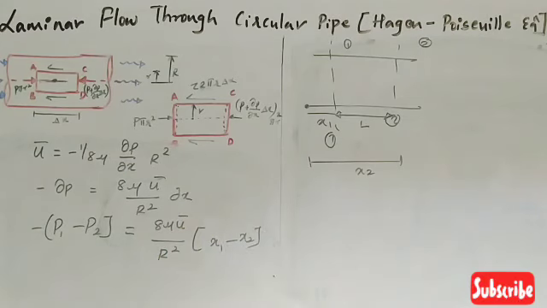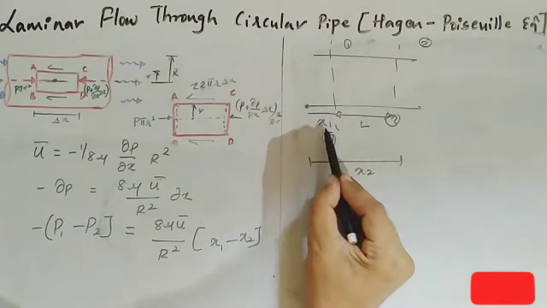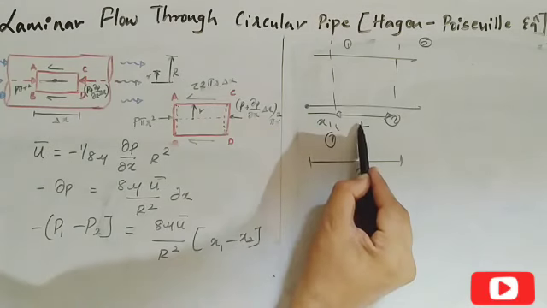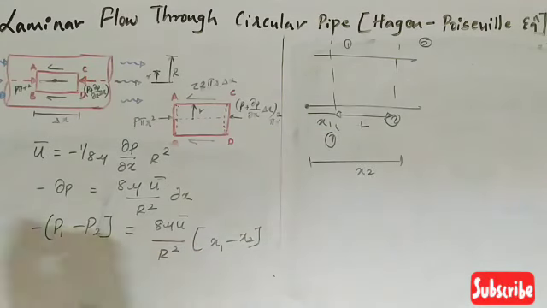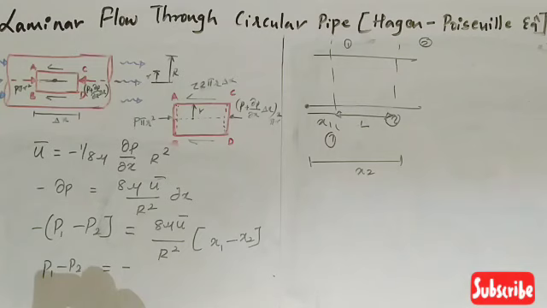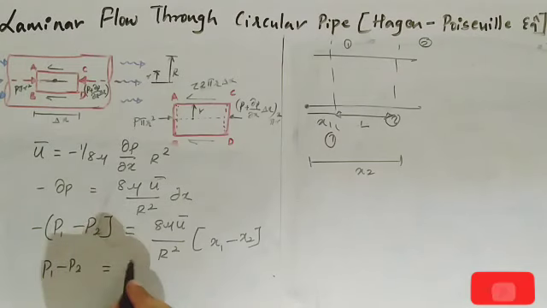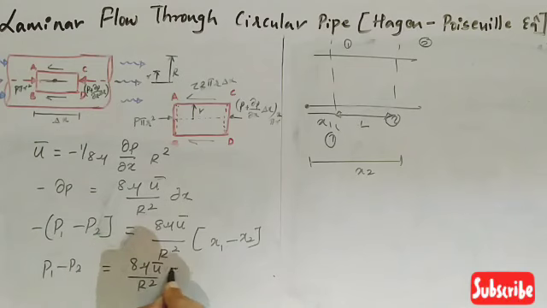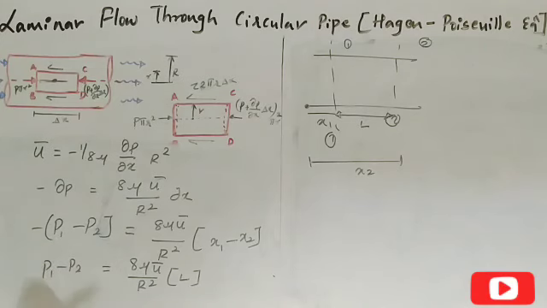Now from the figure I can say that x2 minus x1 will be equal to L. So if I rearrange this term, p1 minus p2 will be 8 mu u bar divided by r square times L, from the figure. Now this is our Hagen-Poiseuille equation. Again this is not the final form, so I need to simplify this one.